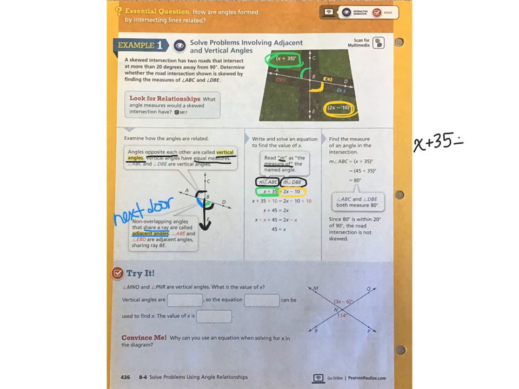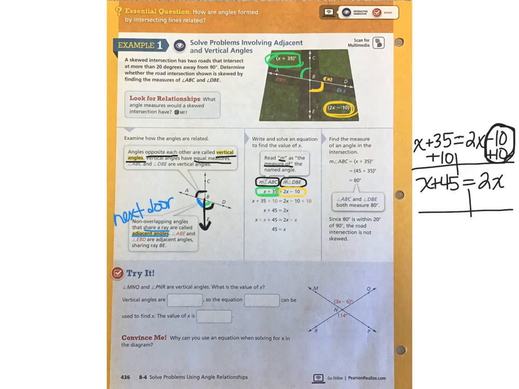So we're going to solve this equation for x by moving the variable terms to one side and the number terms to the other. So let's take a look at what they did, and then we're going to do the same thing over here on the side, the same sort of equation solving process that we always do. So here's my equation with the two angles equal to each other. Let's first move the number. So let's add 10 to both sides. On the left side we get x plus 45, and on the right side we get 2x, because subtracting and adding 10 makes 0.